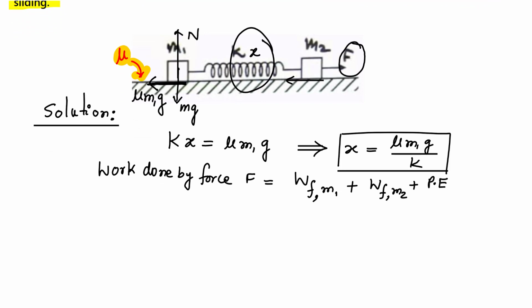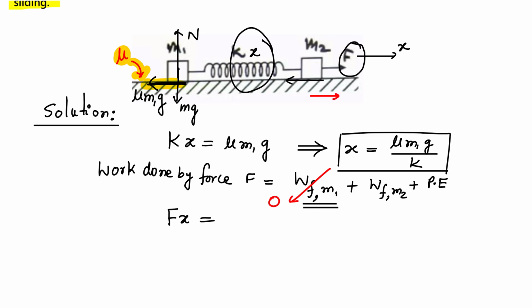So this work we can write. So this force is displaced by amount x. So work done by force is equal to F times x, and this is equal to work done by friction on mass m1. On this mass, this will be mu m1g, and this just had started to move, so there is no movement of mass m1. So this term will be 0.